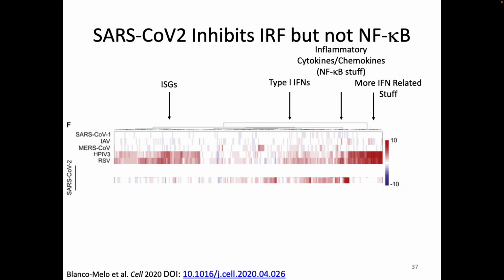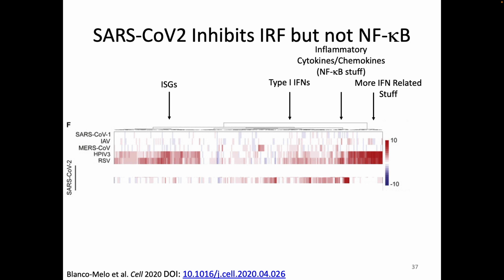SARS-CoV-2 infection of cells. So what do you notice when you look at the SARS-CoV-2 infection of cells? Student: If we look at the ISGs, they're missing.